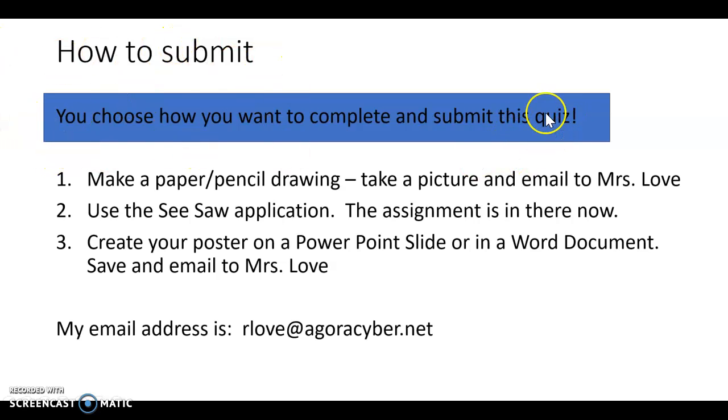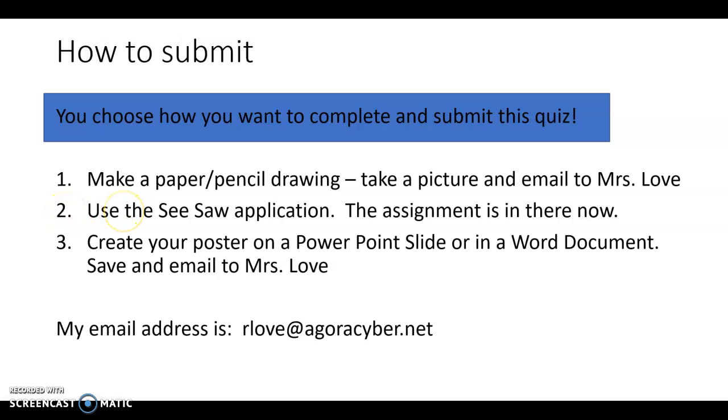Oh, this says quiz. It's not really a quiz. It's just an activity. It is getting graded though. So you can make a paper and pencil drawing. If you do it on paper, snap a picture of it, send it to me in email. Or probably the way most of you are going to want to do this is maybe in Seesaw.